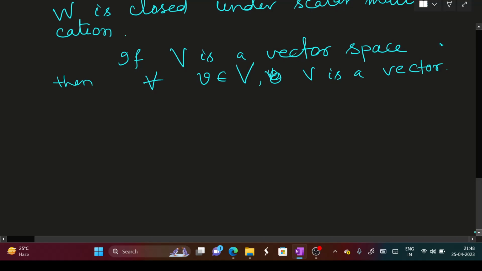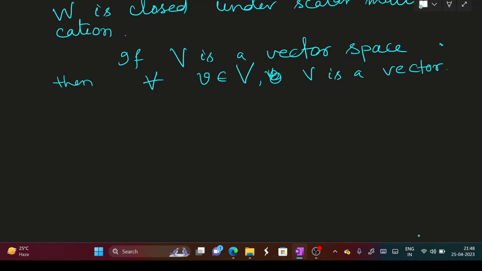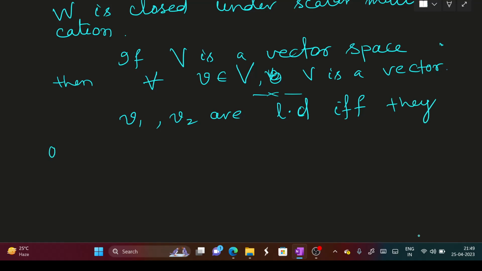Next question is, what do we mean by dependency or independency? Two vectors V1 and V2 are linearly dependent if they are scalar multiples of each other.